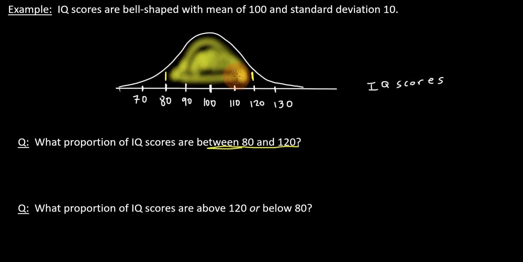Now it looks like a pretty solid percentage of this distribution has just been shaded, and what I'm going to use from the empirical rule is noticing that the number 80 is 2 standard deviations below the mean, right? 2s below the mean of 100.